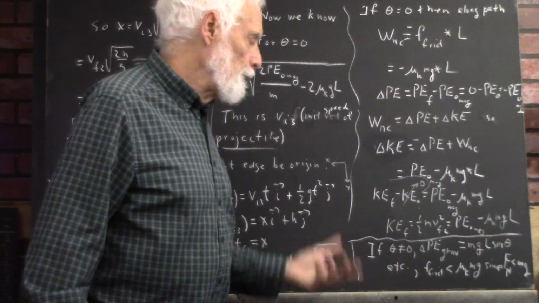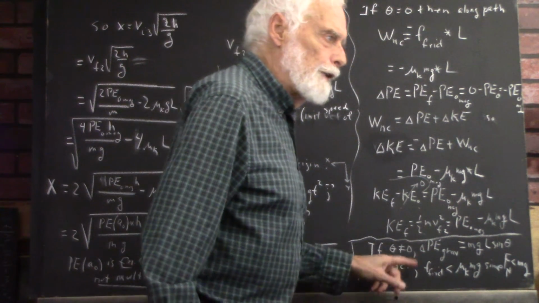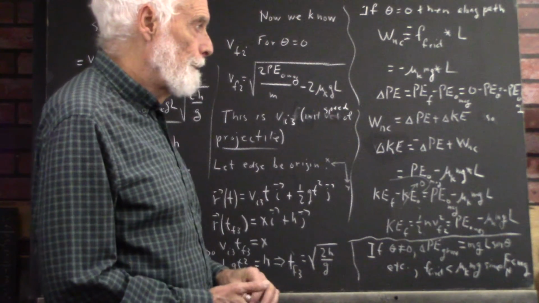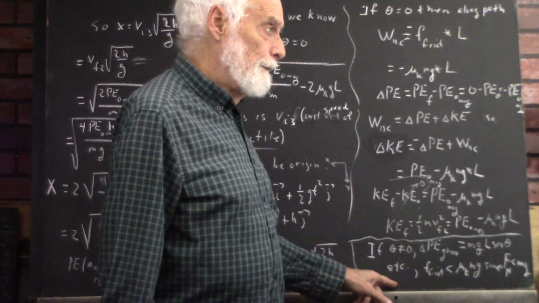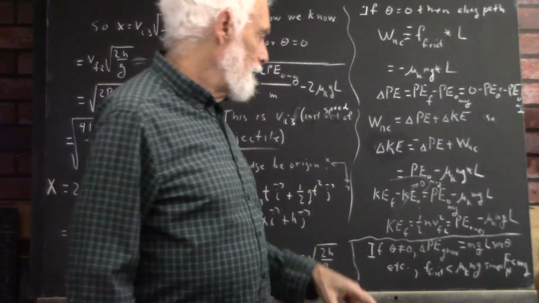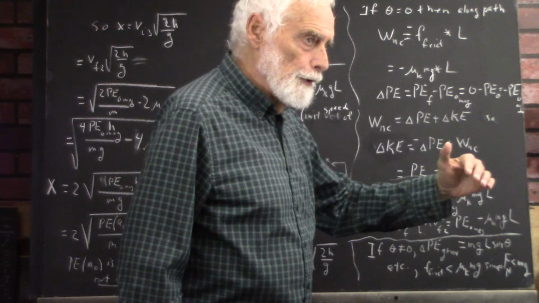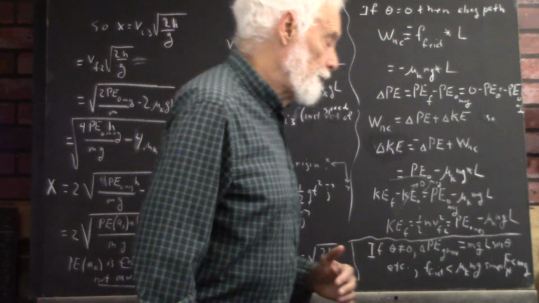So now if we want to really have fun, we go back and change this to a non-zero theta. Now this part isn't bad. You just have to take the potential energy change and change it slightly because you have a decrease in gravitational potential energy now.